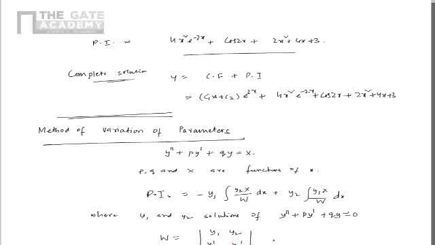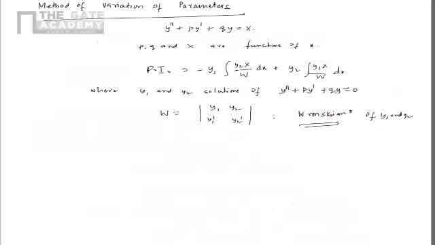This is called the Wronskian of y1 and y2. Wronskian was just a scientist's name.